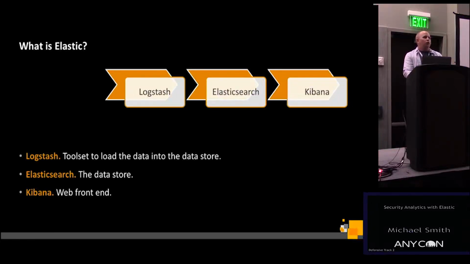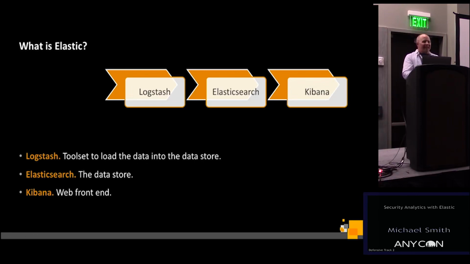This is the order that we use them, right? We use Logstash to ingest data. We stuff that data into Elasticsearch. We use the Kibana web front end to query the data. I'm old. My brain doesn't work like I wish it did. I need things simple. For me, I wish that they had just presented it this way from the very beginning.